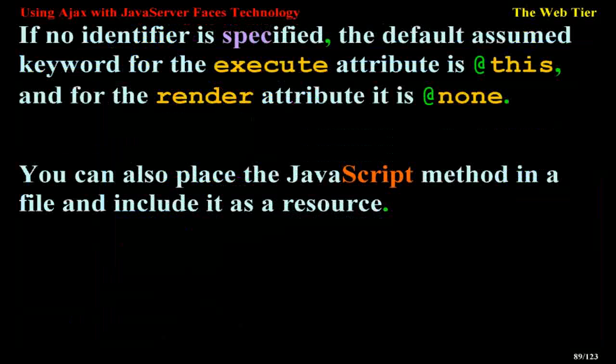If no identifier is specified, the default assumed keyword for the execute attribute is this, and for the render attribute it is none. You can also place the JavaScript method in a file and include it as a resource.